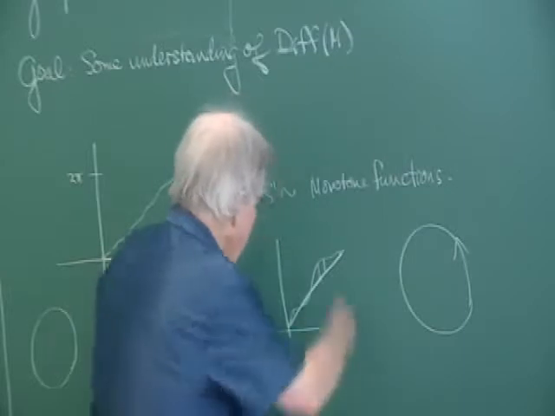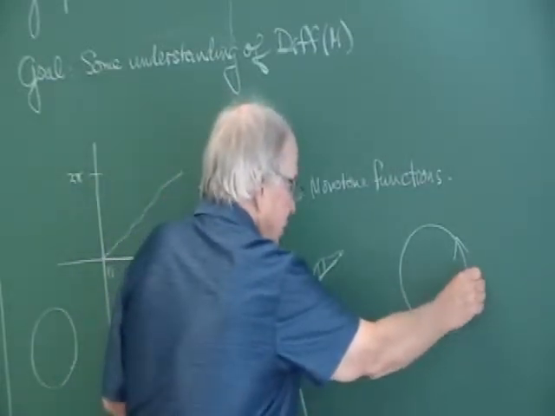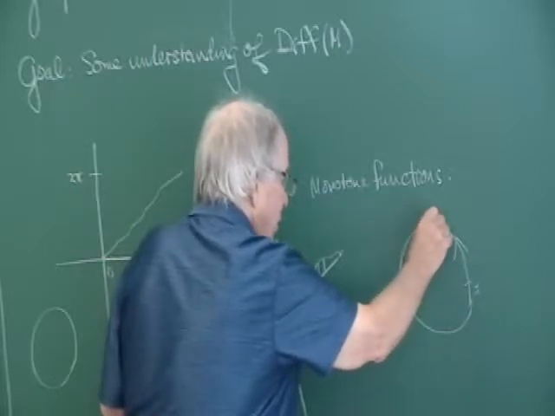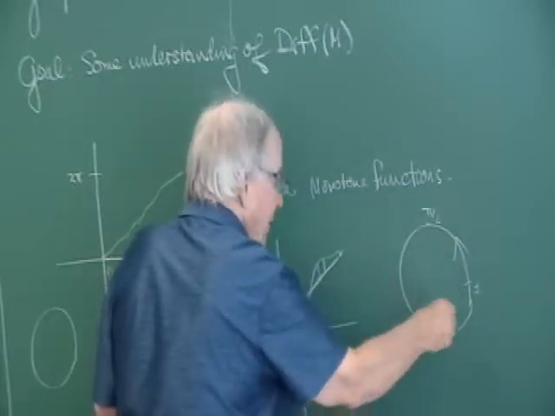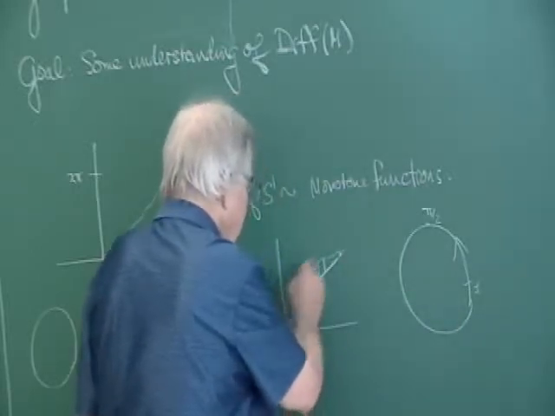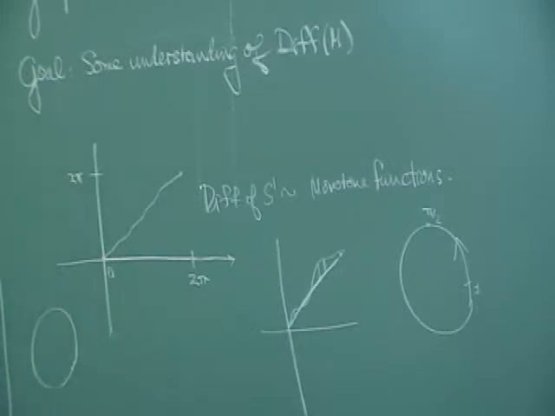The mapping, this one's just the identity, and then if here's the point 1, if I make 1 go to pi over 2, then maybe 0 goes here, and so on. So not so bad.